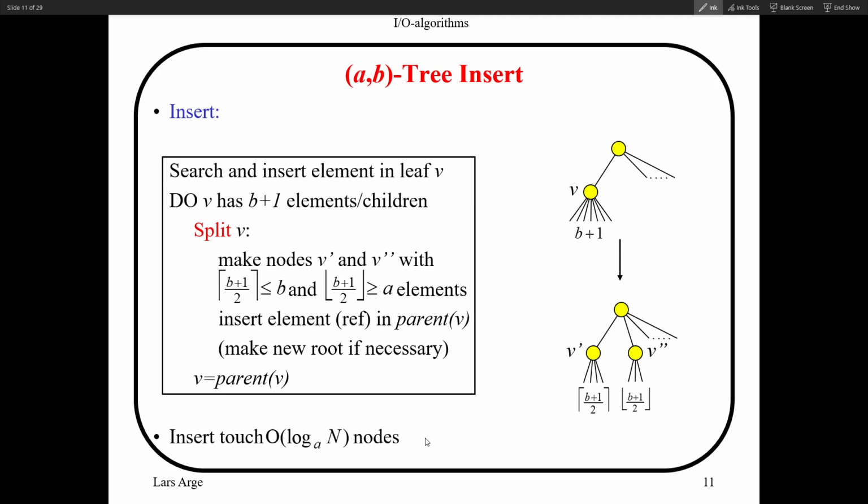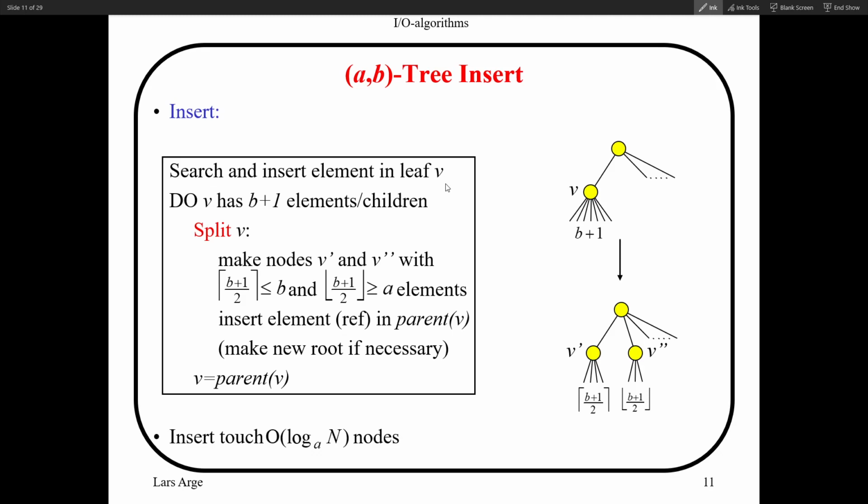Let's say we do a search and we find that this new element has to be inserted in some leaf V. If V has less than B elements, then after we insert this into V, it will have at most B elements, so we are fine and have nothing to do. The only case where something needs to be done is when, after the insertion, V has too many elements, because remember that the leaves should have between A and B elements in them.